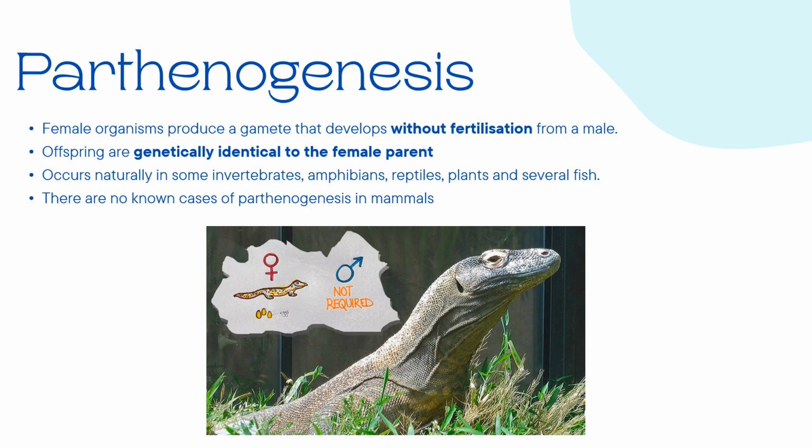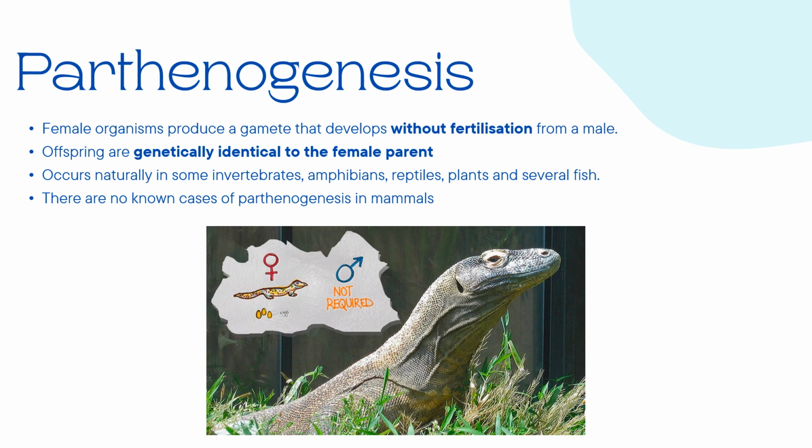Lastly, we have parthenogenesis, which is a really interesting type of asexual reproduction, and this occurs a lot in animals that have been living in enclosures such as zoos for many, many years without a mate. The female will produce a gamete that develops without fertilization from a male.